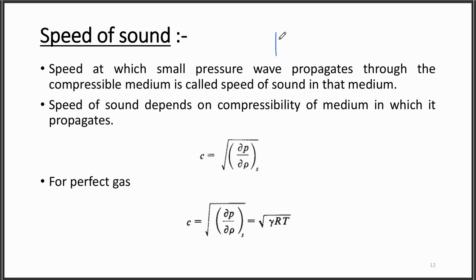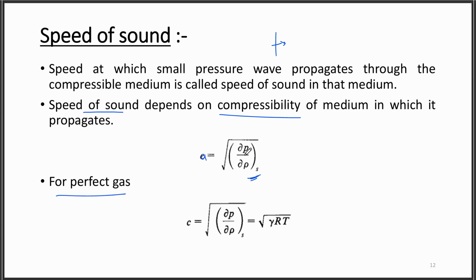Its strength is very low, and the speed at which it travels is the speed of sound. So this speed will depend on the compressibility of the medium in which it propagates, and it is given by a equal to under root dou p upon dou rho at constant s. This s means this is found isentropically.